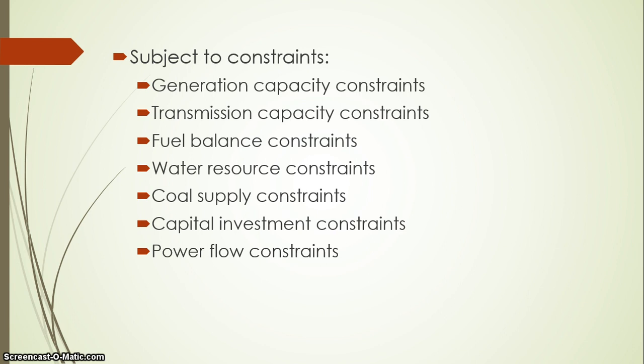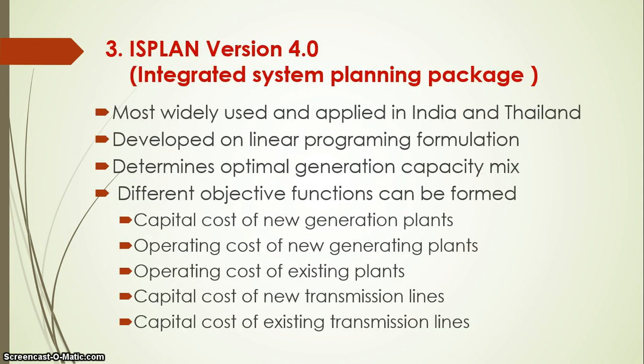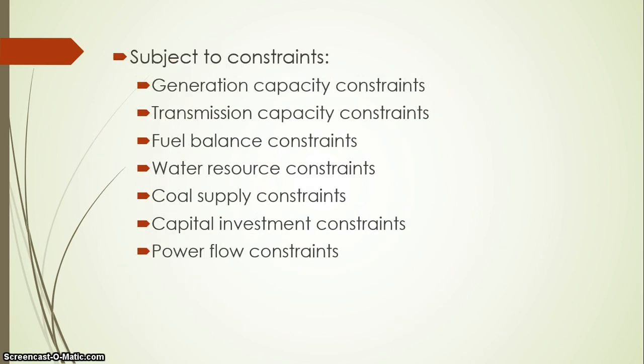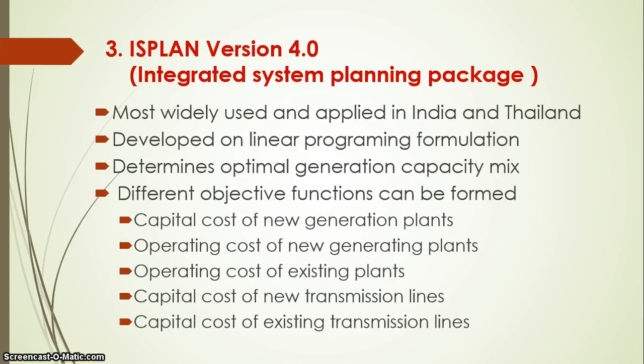Also the power flow constraint, which is very important to make the system stable. So these are the three softwares which today we have discussed. Here the important software is IS Plan version 4, which is used in India and based upon linear programming formulation. It can optimize for our 5 objectives and can take into picture these 7 constraints.